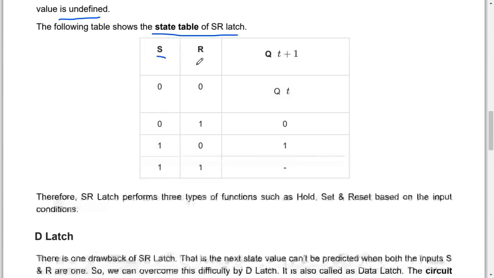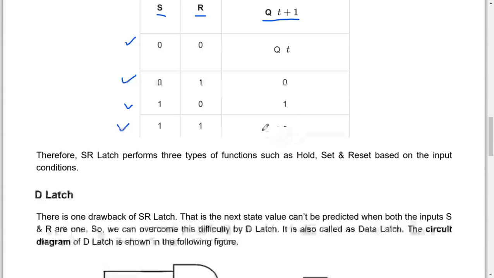S R, QT plus 1: when S 0 R 0 then QT; when S 0 R 1 then QT plus 1 is 0; when S 1 R 0 then QT plus 1 is 1; when S and R are both 1 then the value is undefined. Therefore, the SR latch performs three types of function, hold, set and reset, based on the input condition.